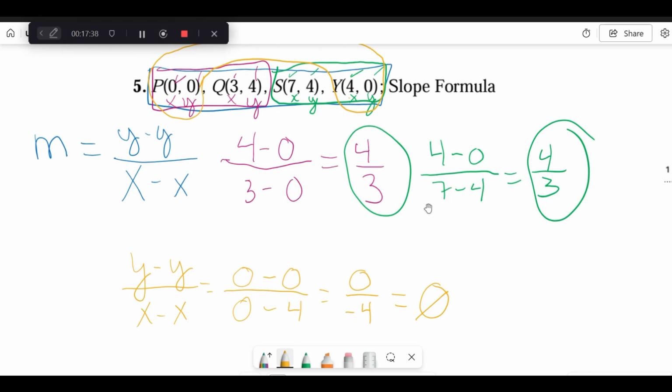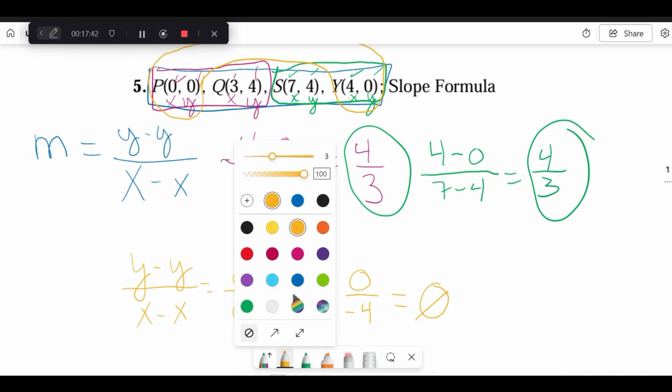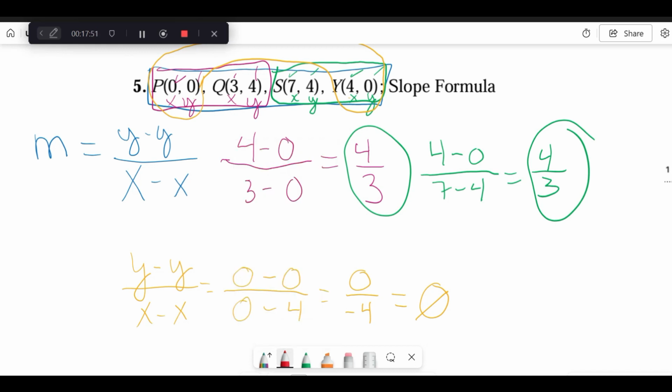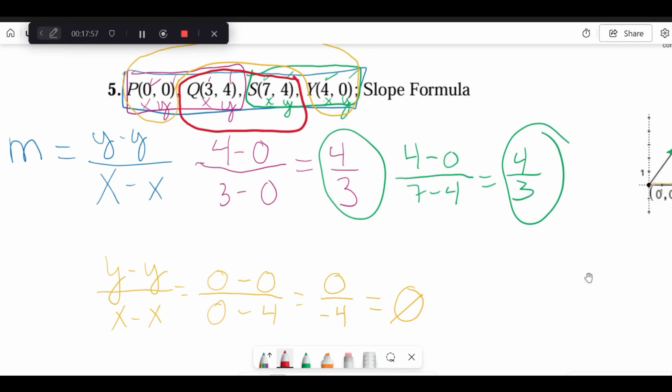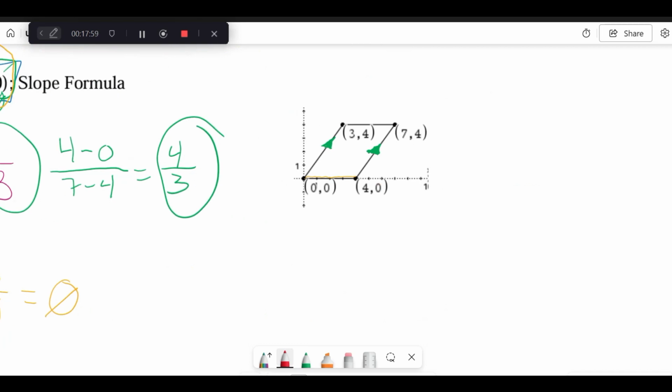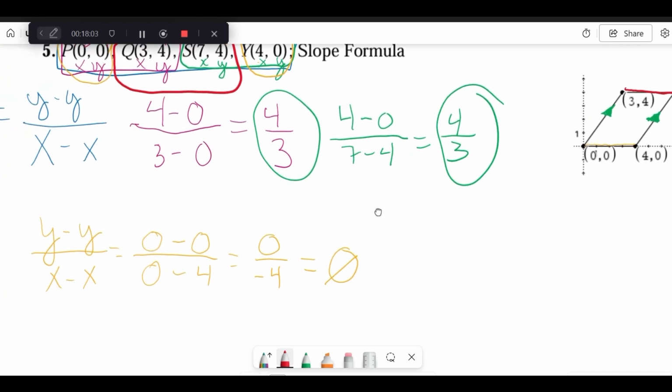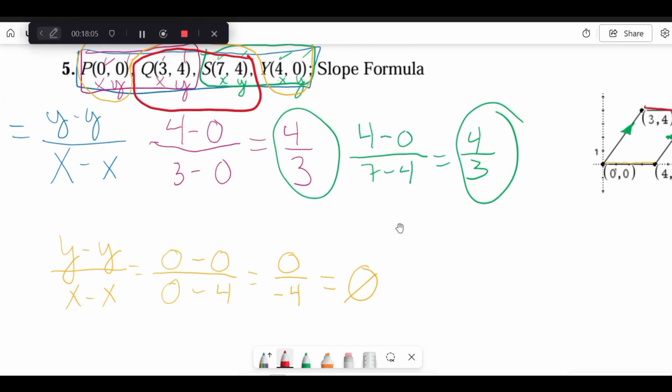Let's check the last one here. Here we go. Pick a bright red and make it big like this, okay? So let's check these 2 out right here. QS, which would be this side right here, right? So we're going to do again y minus y.